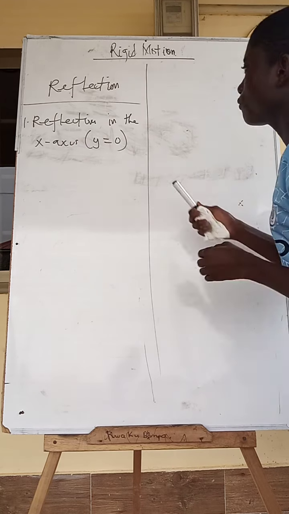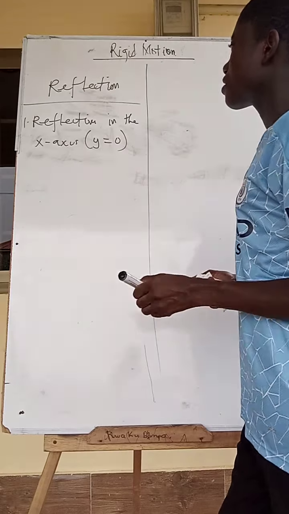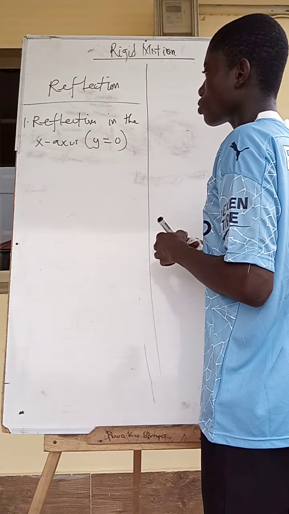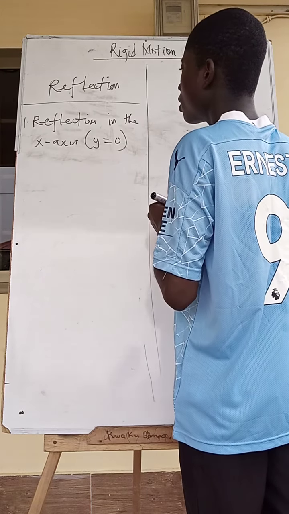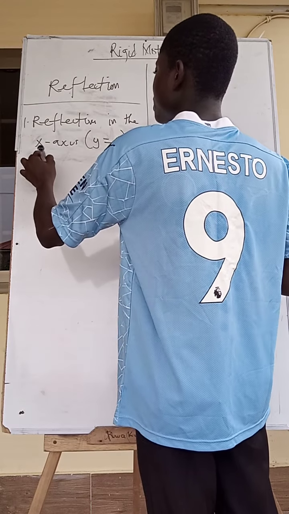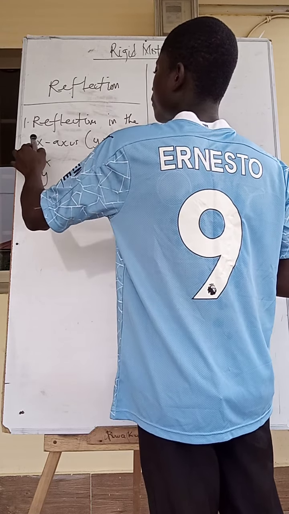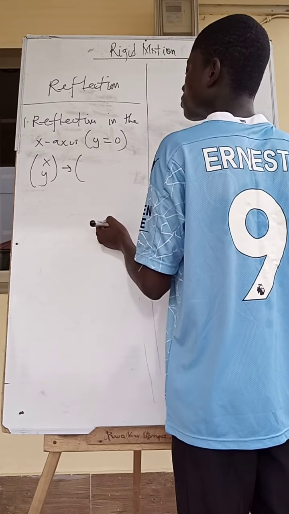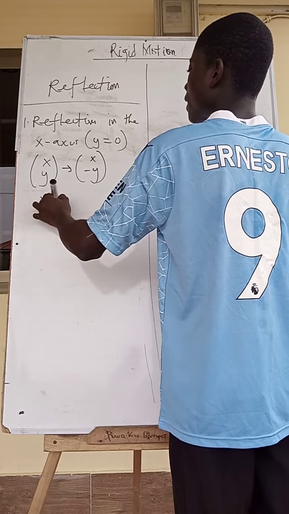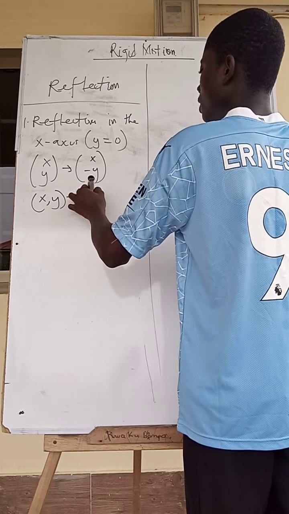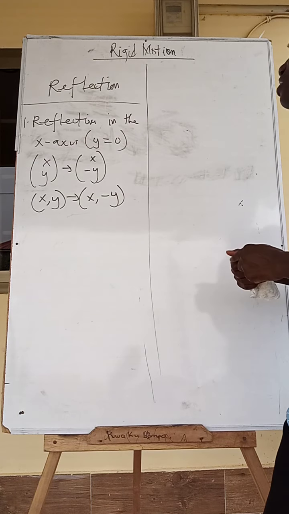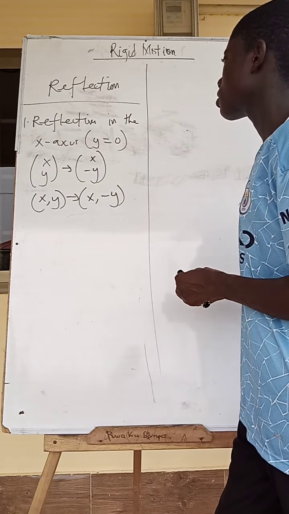So reflection in the line x-axis is the same as where the y is 0. Here we see reflection in the x-axis, this is the formula: (x, y) maps to (x, -y). Reflection in the x-axis.